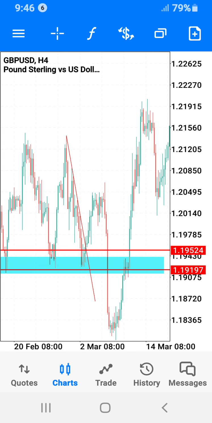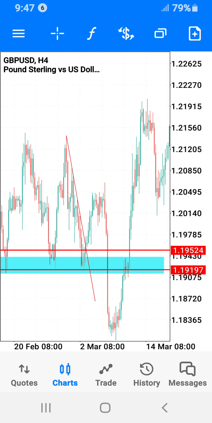We don't know if it's going to get to our stop loss or our take profit. So we want to risk small and try to gain a huge amount. When you keep getting a good risk to reward, you are very good to go to last long in this game and make money out of it.